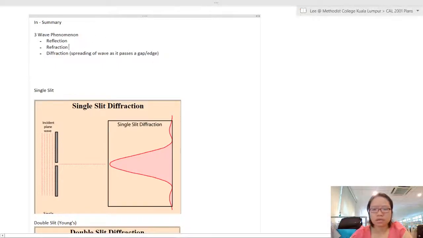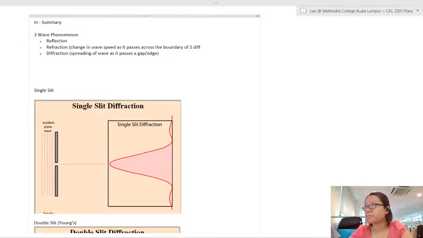And I'll tell you now, I don't want to call it bending of wave. I would prefer to talk about this as the change in wave speed as it passes across the boundary of two different media. The correct term here is optical density.